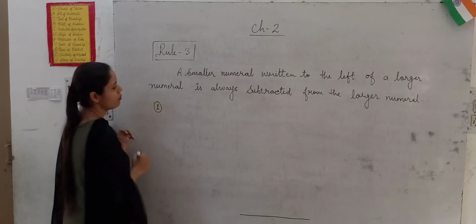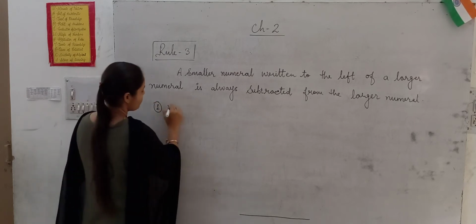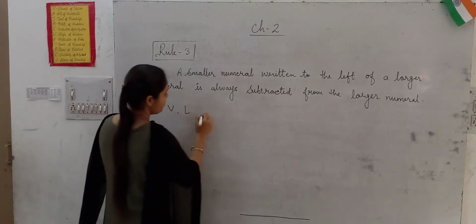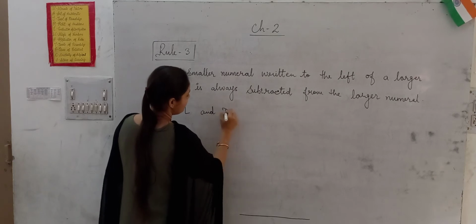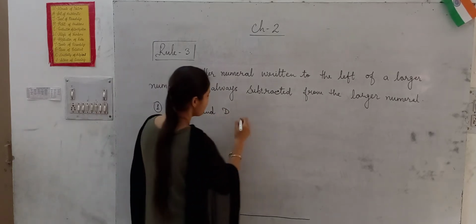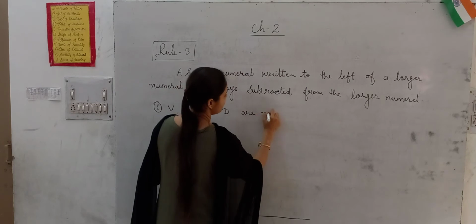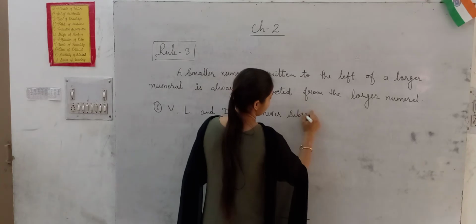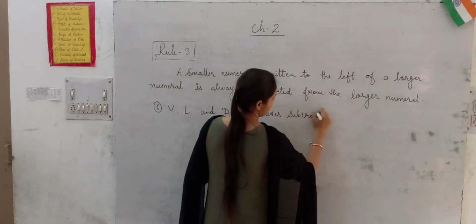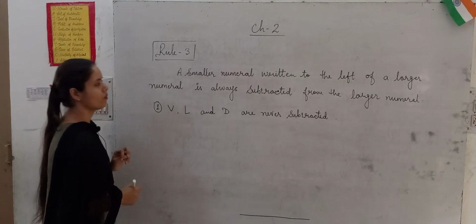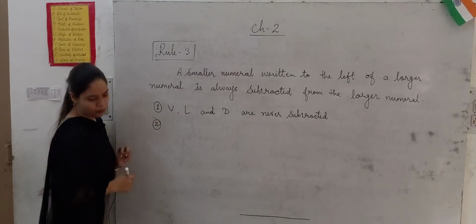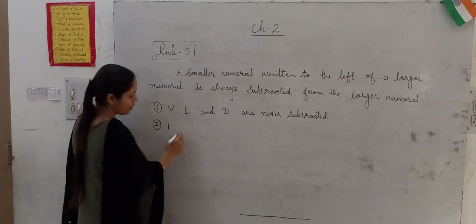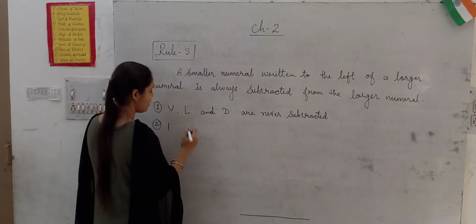Here are some points. Point number 1: V, L and D are never subtracted. Point number 2: capital I represents 1.